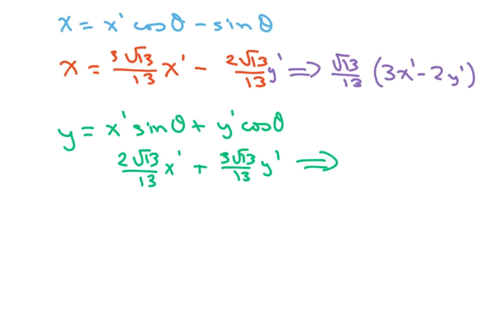And this gives us, if you factor out the square root of 13 over 13, 2x prime plus 3y prime. Okay? We're going to do one more like this.